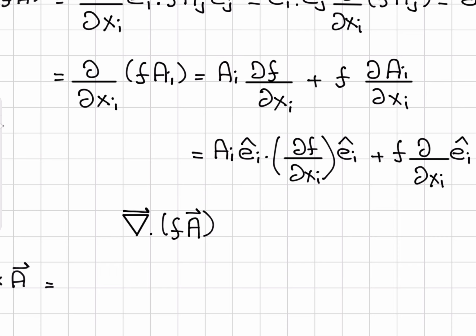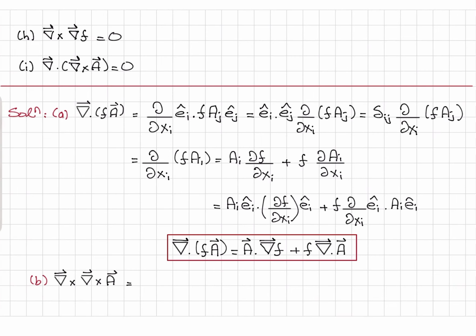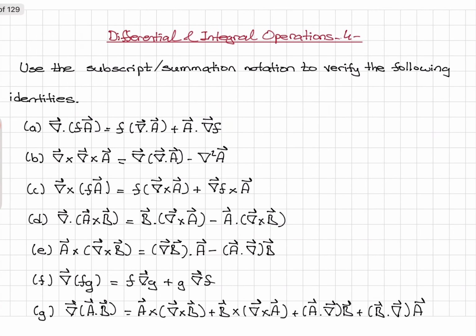This is equal to vector a dot product with gradient of f, and the second term is f times the divergence of a, the vector a, or the vector field a. All right. So that's the end result of the calculation. Let's check. It was supposed to be this, so it is correct.